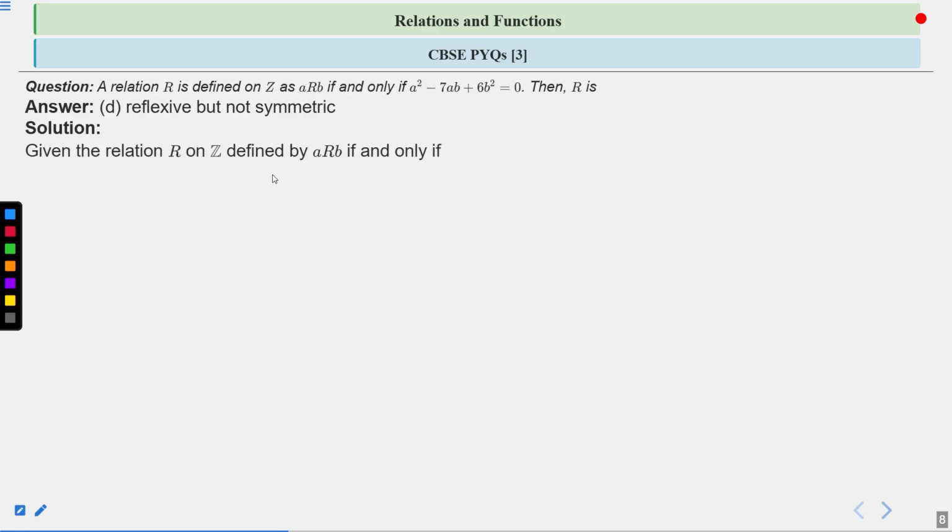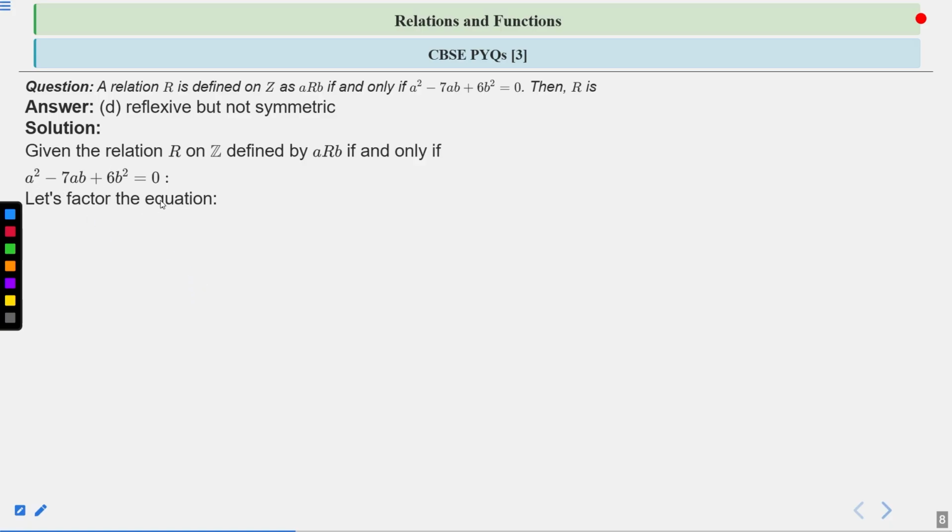So given relation R on Z defined by A related to B if and only if the condition a square minus 7ab plus 6b square should be equal to 0. Let's factor this equation.